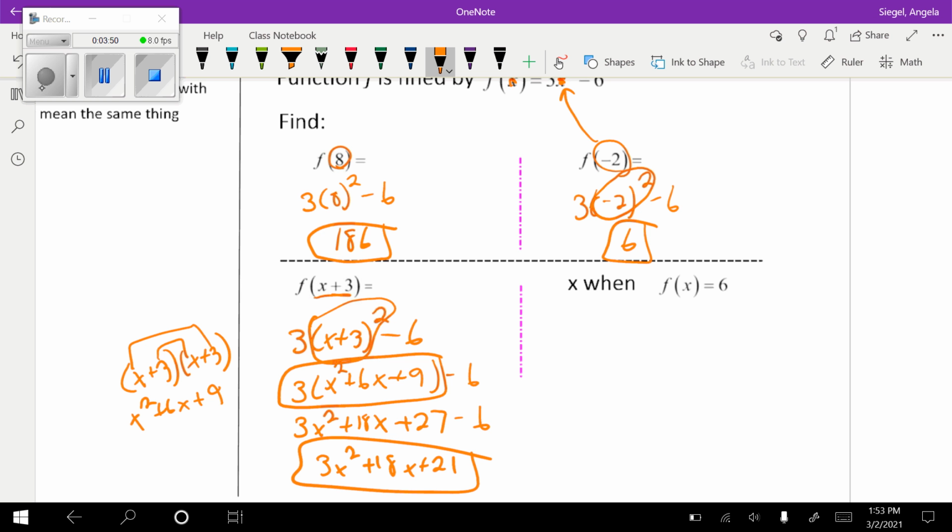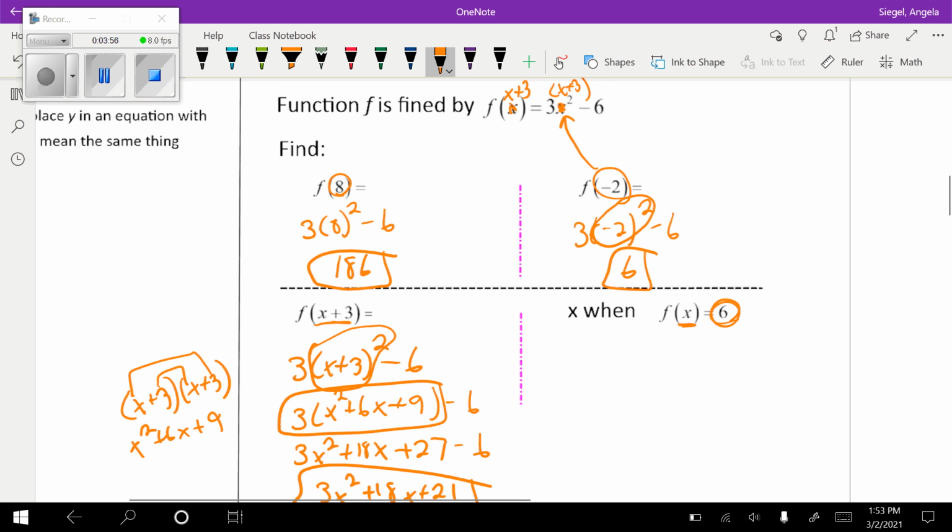Okay, now this is interesting because now we're going backwards. We don't have x, but we have 6. So what does this mean? This means that y, or our answer, is equal to 6. So we're going to go backwards. Let's go up to our problem. I know that this whole thing is equal to 6. So let's rewrite it: 3x squared minus 6 equals 6.